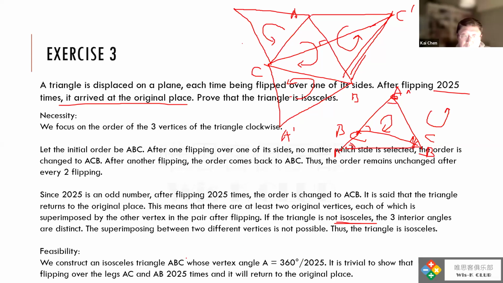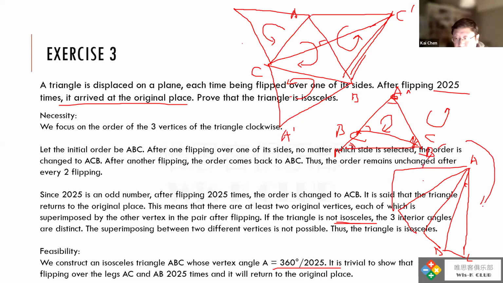And it is also possible, yeah, it's possible if you say, okay, I have a BC like this, a very narrow, very small vertex angle, like 360 divided by 2025. And this A, and this is B and C, and you just flip over the AB and flip the AC, flip the AB again, and so on.